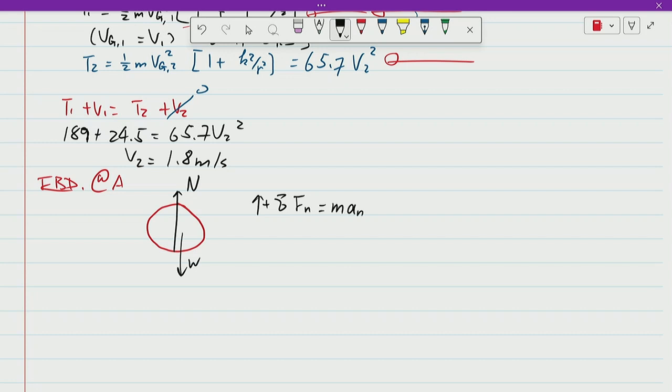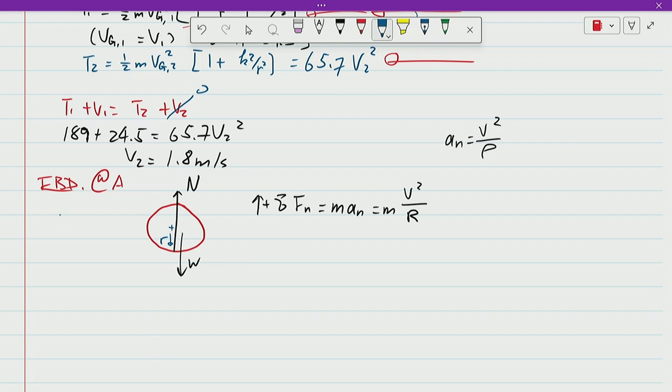Sum of Fn equals m an, because that allows us to use an equals v squared divided by rho, or R. The reason why I use the big R here is that this is not the same as the small radius.